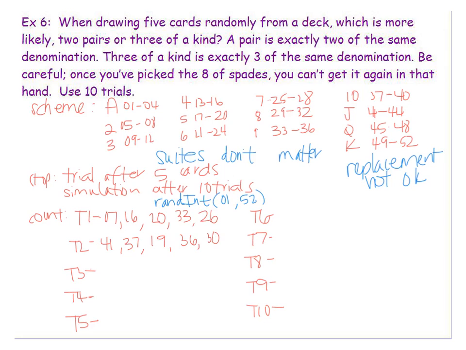Notice it's okay if we have repeats between trials, just not within the same trial. My next trial was 3, and then 39, and 18, and 23, and 11. And then I had 1, 26, then 16, 32, and 24.